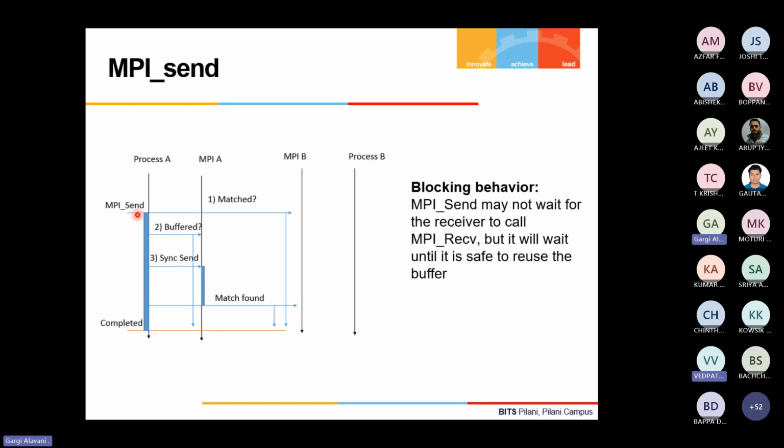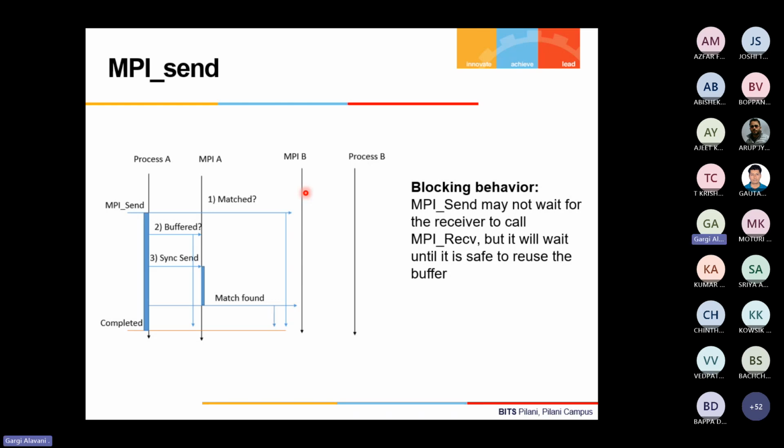Okay, MPI send sends the message and checks if it is buffered. Once it gets buffered, it says complete. Process B may not even have received it, and that's fine. But as long as it is buffered, you are blocked till it is buffered. Especially, what if you have a large amount of data to be shared?